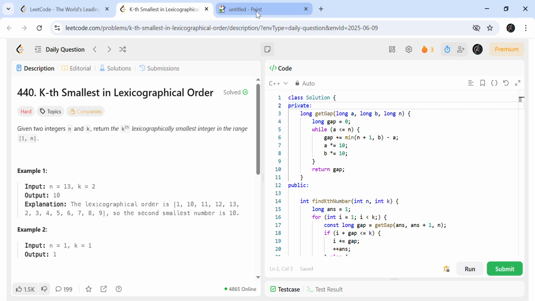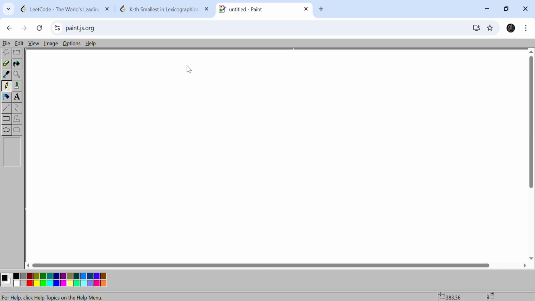For example, if we have k is equal to 6 and n is equal to 13.